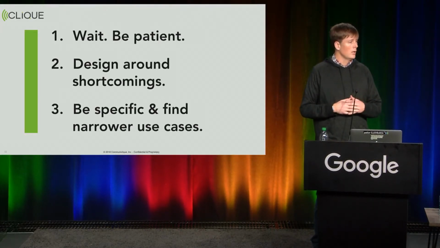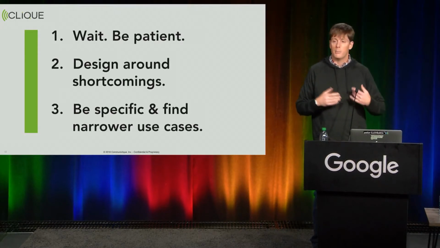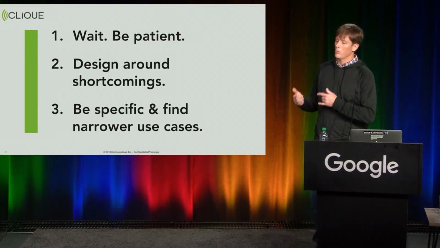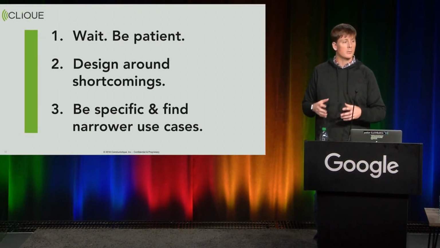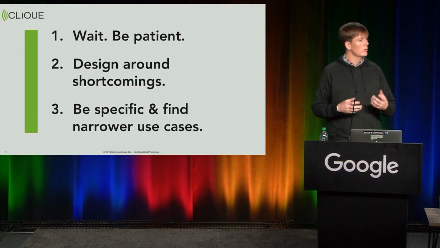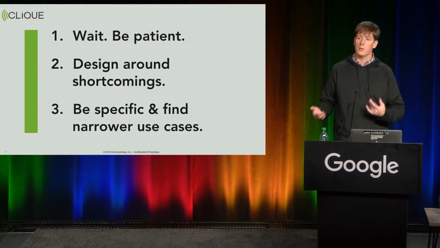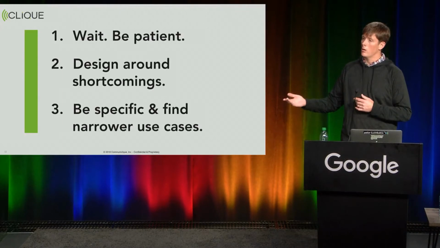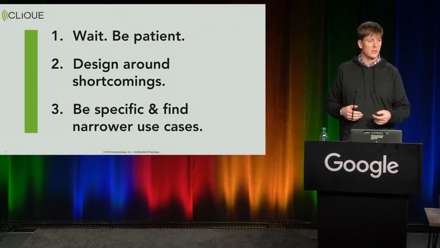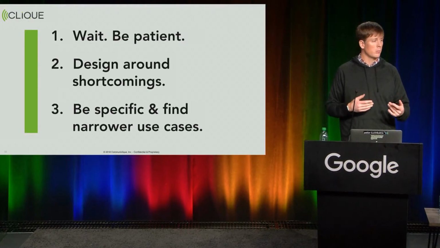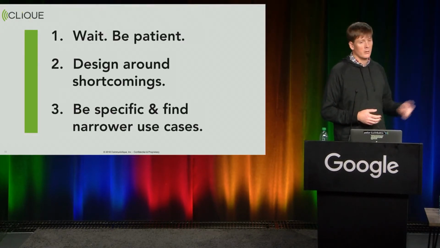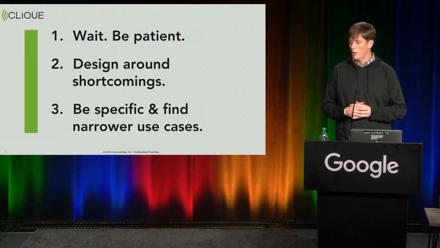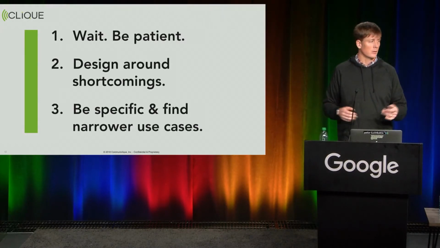Be very cognizant and design around those shortcomings. There are specific use cases that you can find where the mobile browser might be appropriate, and we see some of those in our deployments and specific customer use cases where we might be able to use the mobile browser, but be careful of all these individual cases. And be specific.